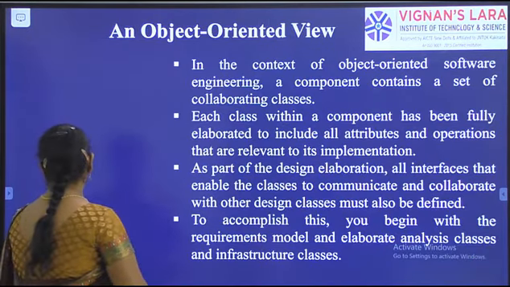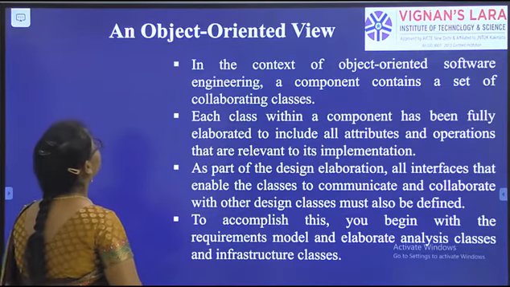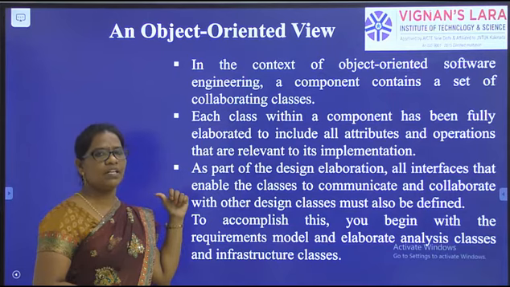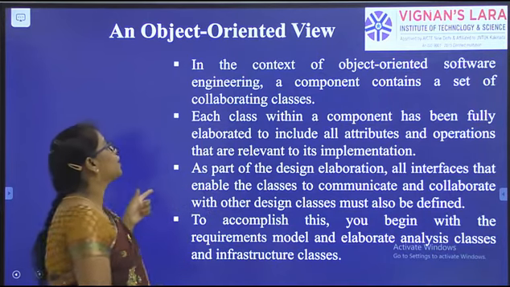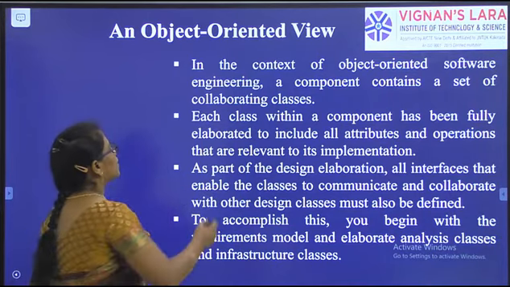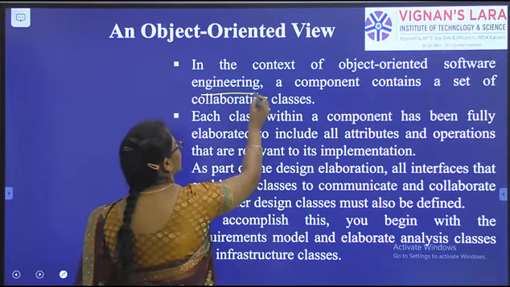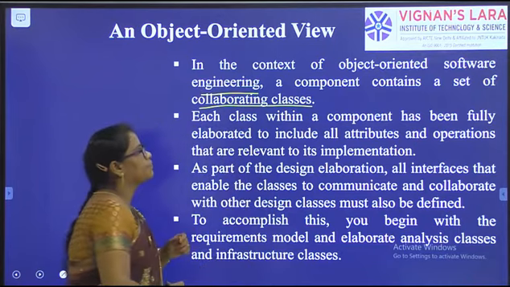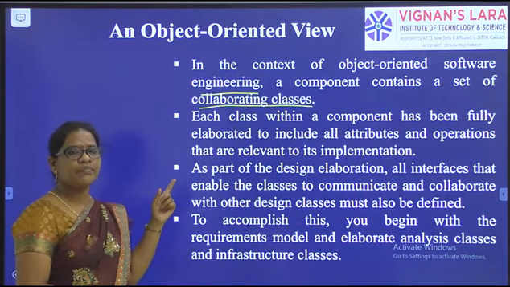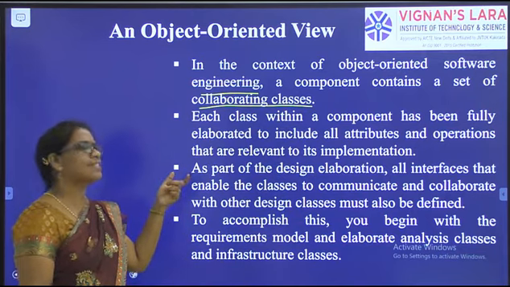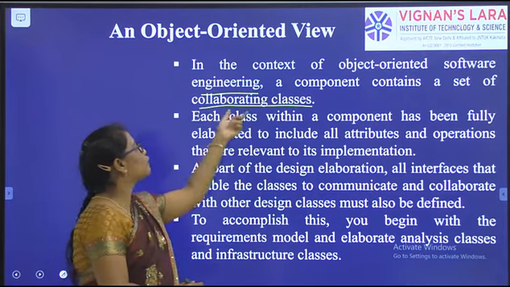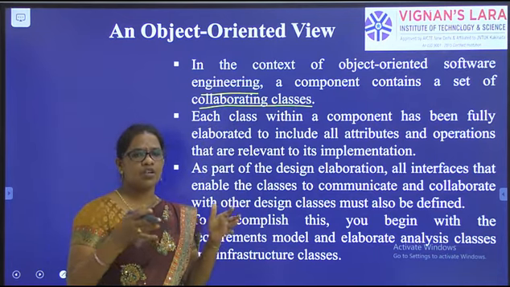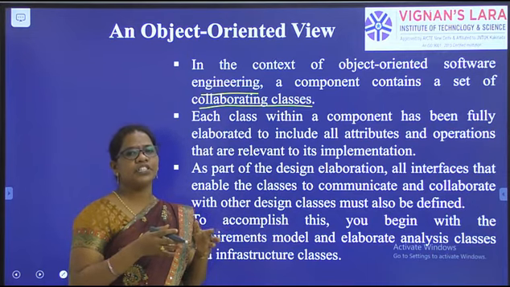So next one is the object-oriented view. We have seen the component level, and now we are going for the object-oriented view. In the context of object-oriented software engineering, a component consists of a set of collaborating classes. Collaboration of classes means a number of classes are interacting with each other.